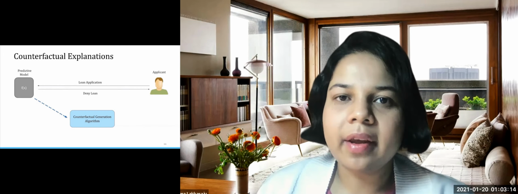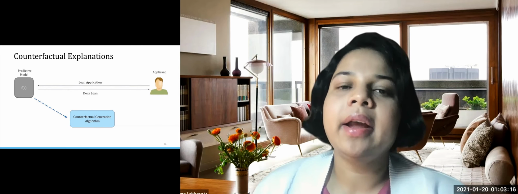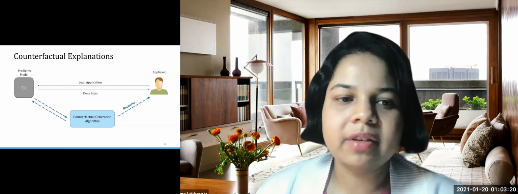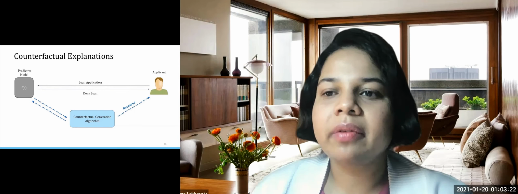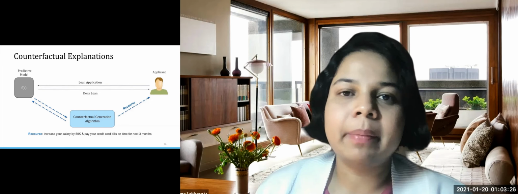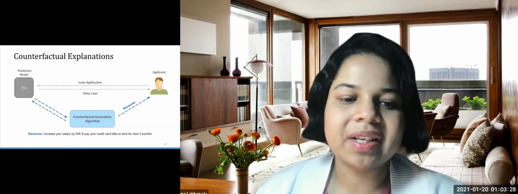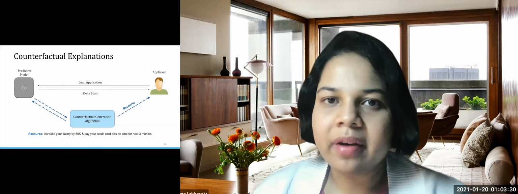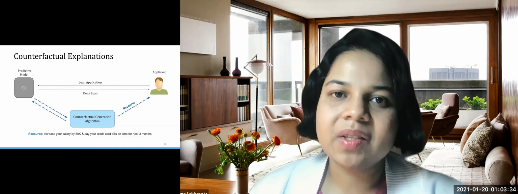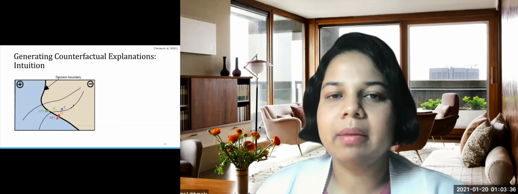Now, what we are talking about here is to design counterfactual generation algorithms which interact with the predictive models to provide recourse to such affected individuals. In this case, this applicant could potentially get a recourse that takes this form, where the algorithm is asking him to increase his salary by 50K and pay his credit card bills on time for the next 3 months.